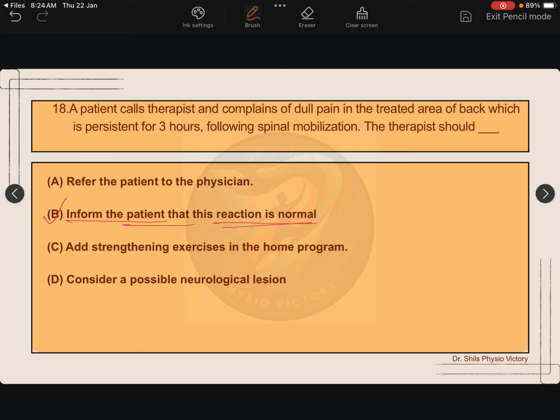Basically, it's a post-treatment soreness, which is mild diffuse pain that resolves within 24 hours.